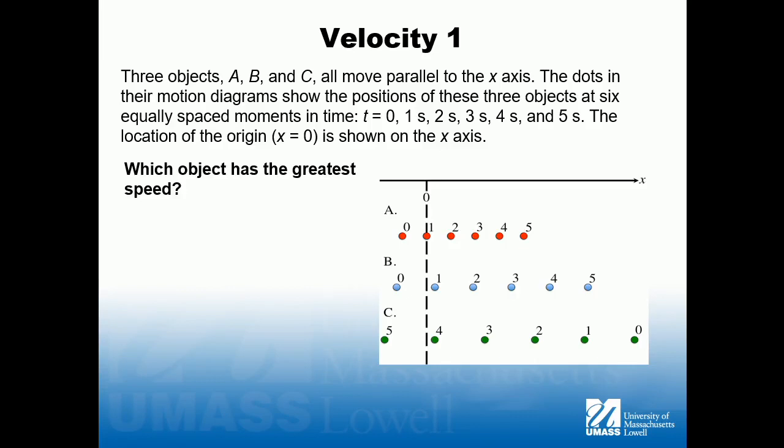Green, right? Which means that's the one that's moving fastest. So it has the greatest speed. Greater speed implies greater distance in the same amount of time. All these dots are separated by equal amounts of time. So whichever ones are the furthest spaced are the ones that are moving fastest. That's the object that's moving fastest. Okay.